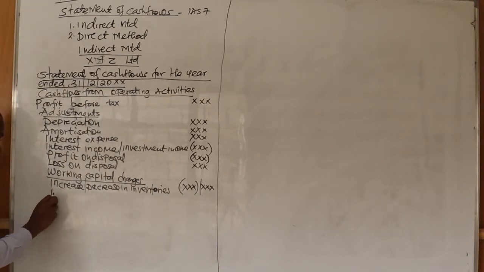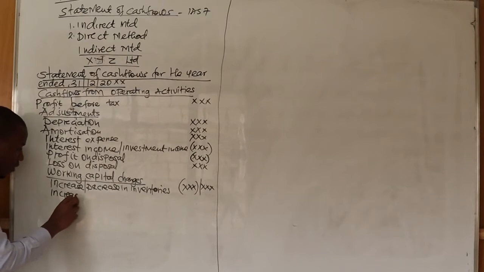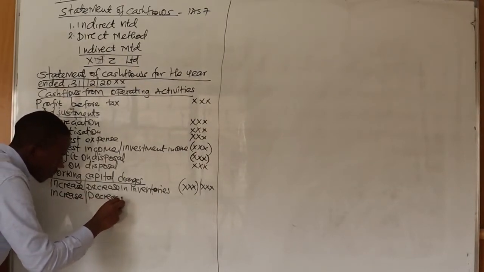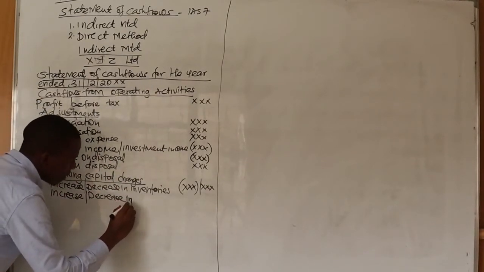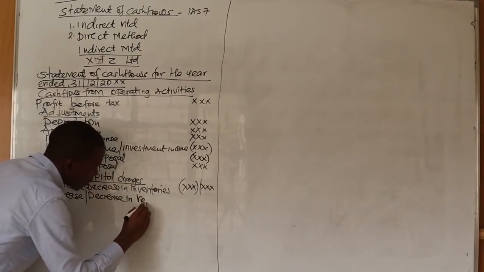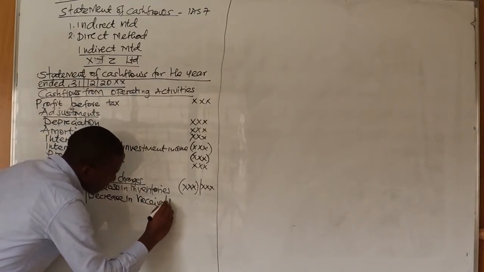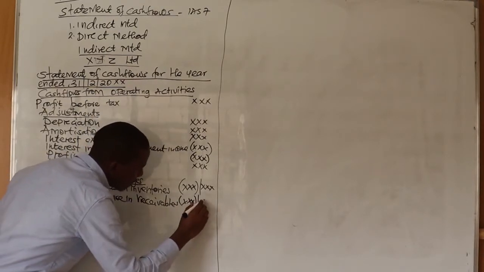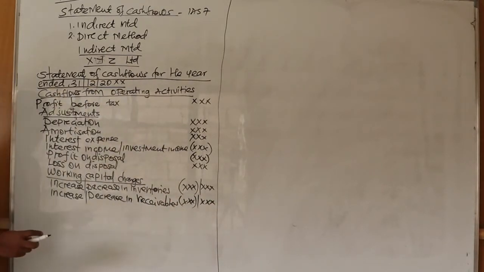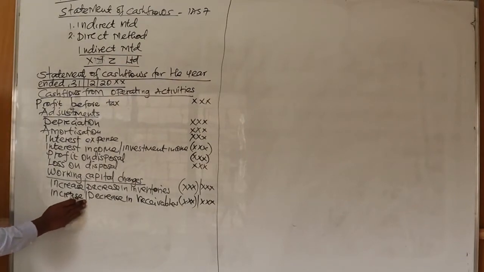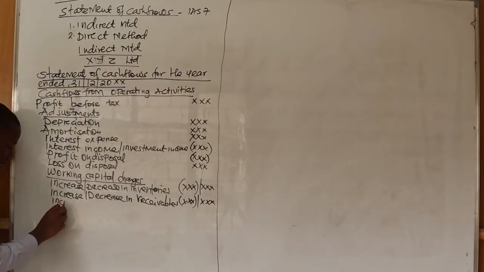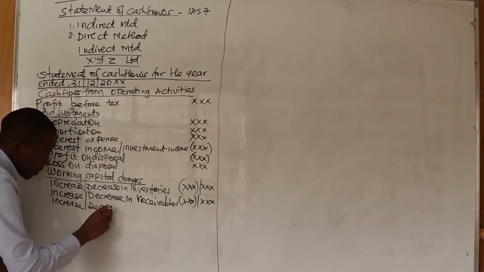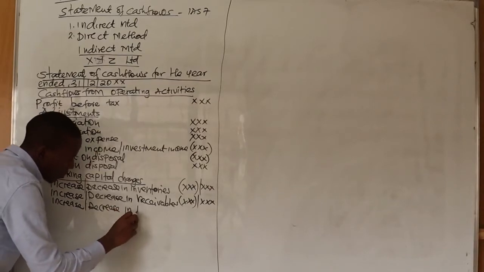The same case applies to the receivables. You look for the increase or the decrease in receivables. Remember, these are current assets, and therefore the same case, increase you less, decrease you add. And then the last one is on the payables. Remember, it's a liability. You look for the increase or the decrease in payables.